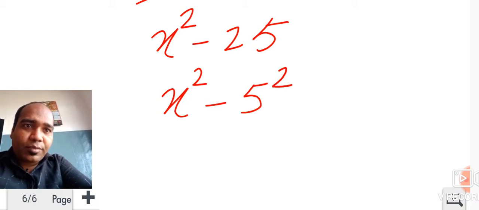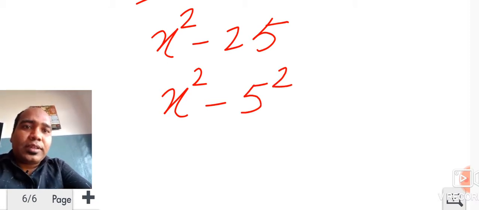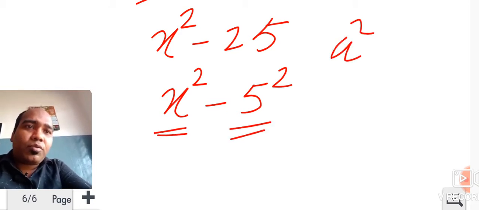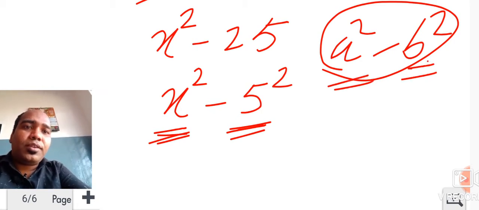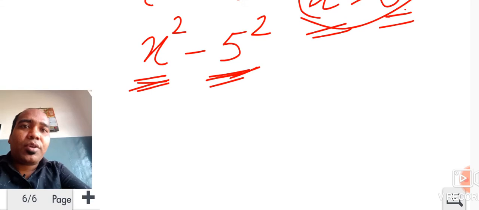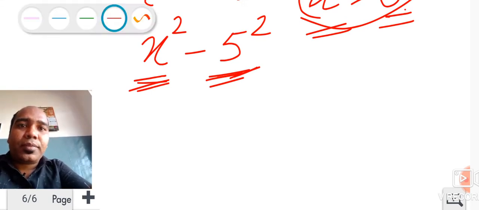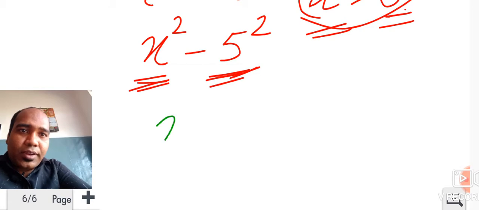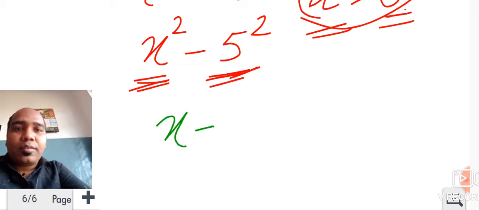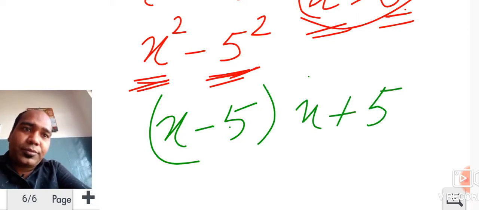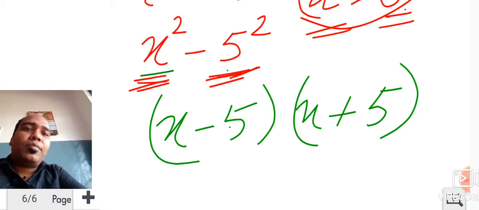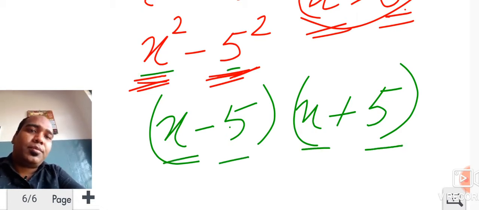That is 5 square. Now this is in the form of the formula a square minus b square, where a is your x and b is your 5. So x square minus 5 square, we can write x minus 5 into x plus 5. Okay, a square minus b square, a minus b into a plus b.